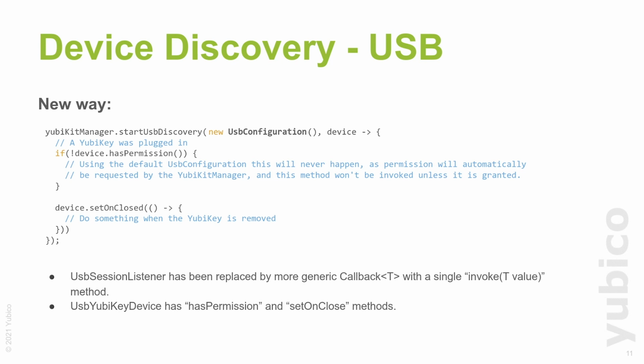So instead of having a separate handler for that, you get the device, and you can check if it has permission or not. And again, by default, you won't have to do that. You can just assume that you have the permission. And you can add a set on closed handler to do something when the device is unplugged. Because this new interface only has a single method, you can replace it with a lambda, and you get rid of some of that boilerplate code.